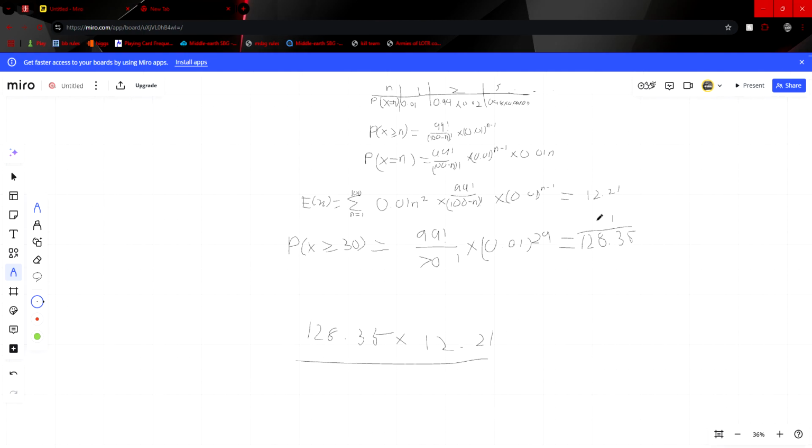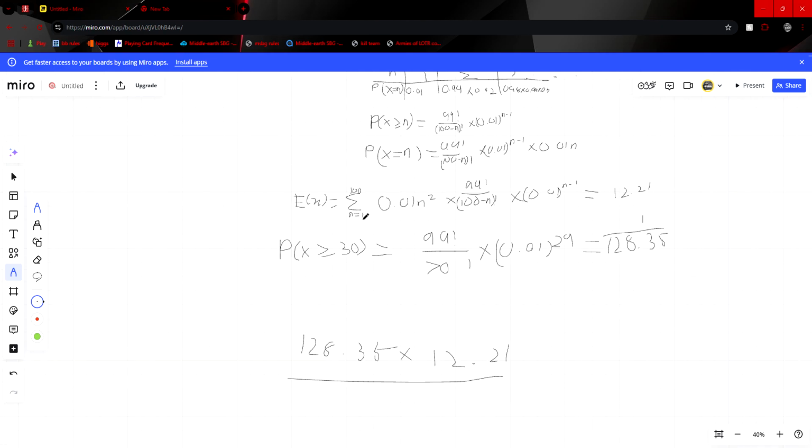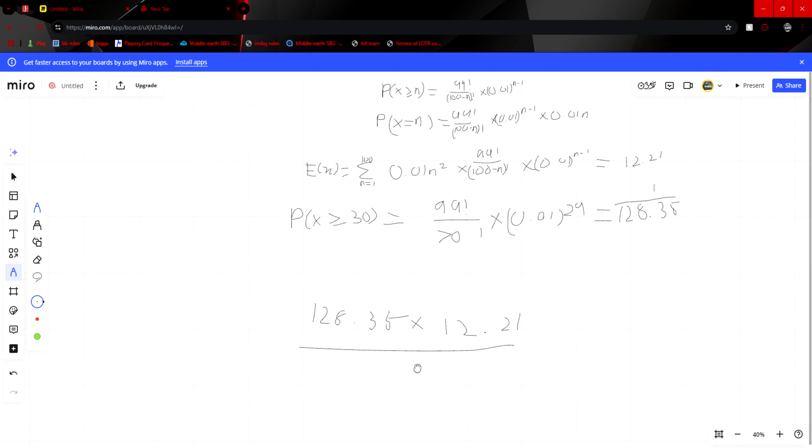This is not correct exactly, because this sum is taking into account you reaching numbers above 30 as well, and obviously you're not, because if you reached above 30 it stops. So it's not exactly 12.21, but it's good enough. We'll keep it 12.21 for that, but just bear in mind that it's not correct.